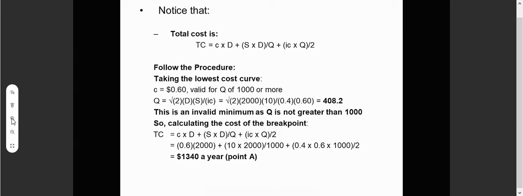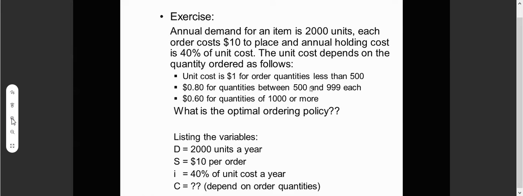In this procedure, the first step is to analyze the lowest cost curve, where the lowest unit price is 60 cents.